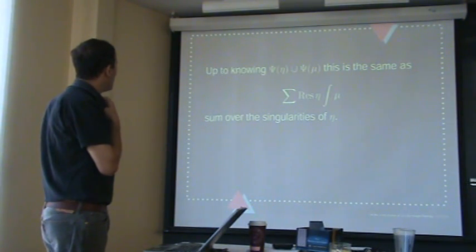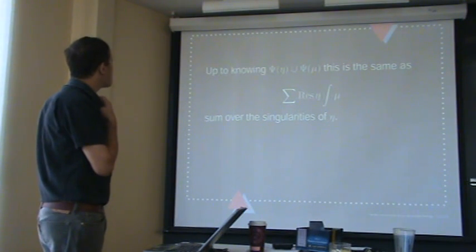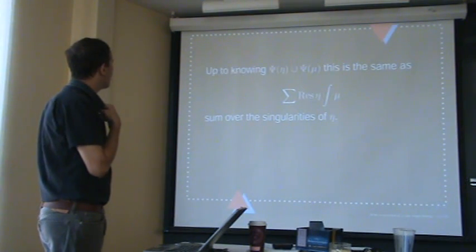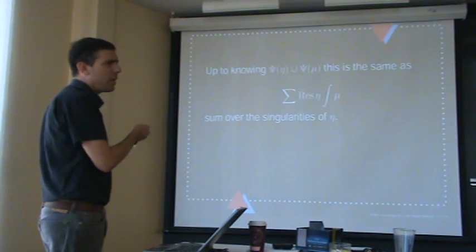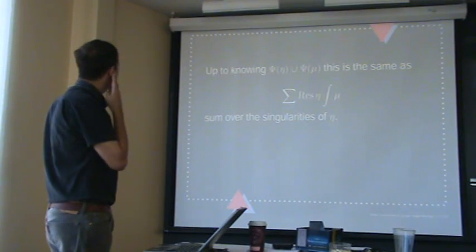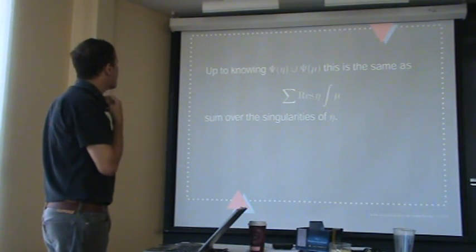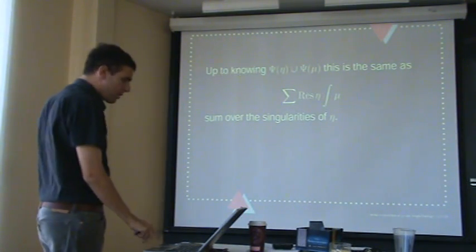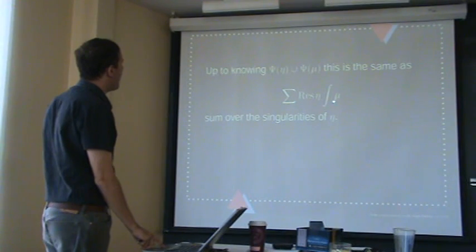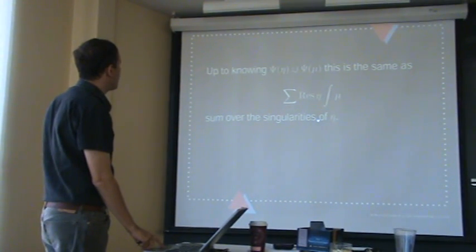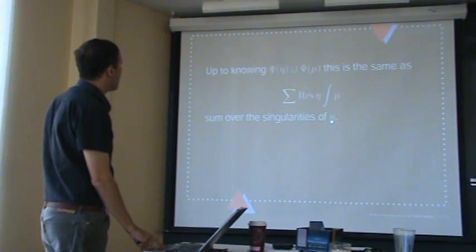Maybe I should assume that I can actually arrange that because, as I said, it's easy to write down something that only has these two poles. So then you just get the sum. Up to knowing something like that, you just get the sum of the residues of eta times the integral of mu, and now you sum over the singularities of eta.